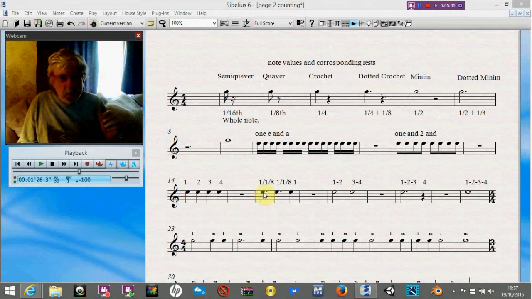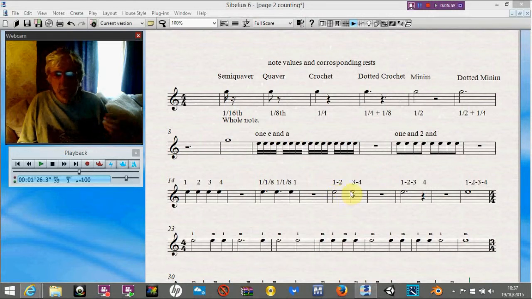Then we have a crotchet plus an eighth in time value. So 1 crotchet, 1 quarter note, 1 pulse plus an eighth, is contained within this measure. And now we have our half notes.